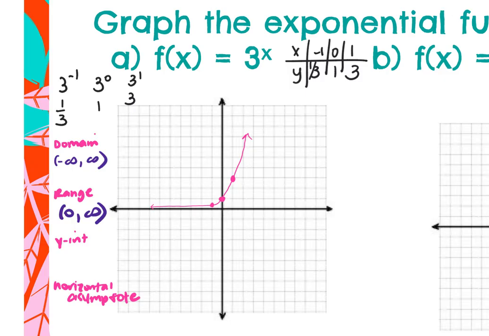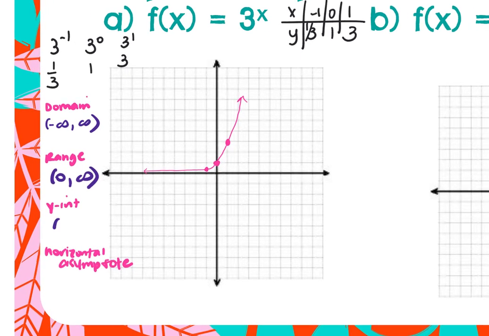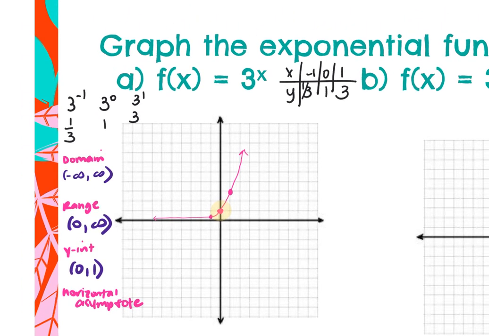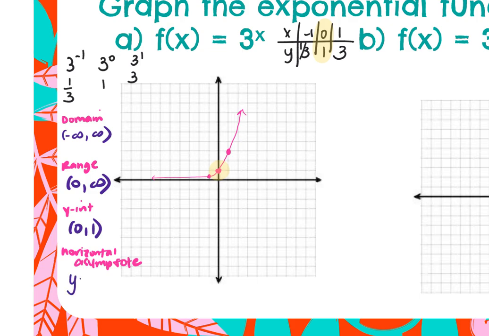What's your y-intercept? 0, 1, which you can either get from your graph, but also if you use these points, it's that center point. And where do we say the horizontal asymptote is? Y equals 0. Questions so far? So this would be on the open-ended portion of your test, and it's going to have multiple parts like that.